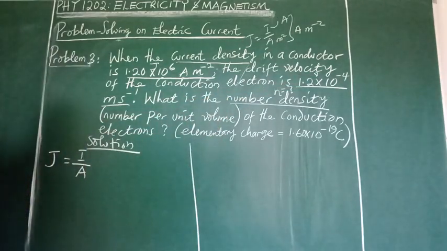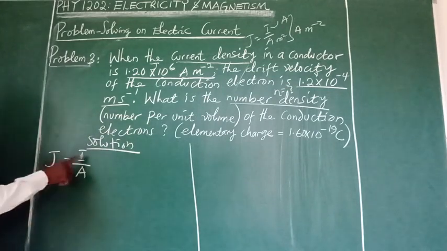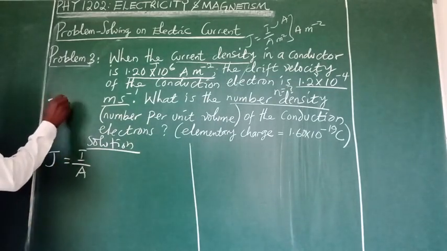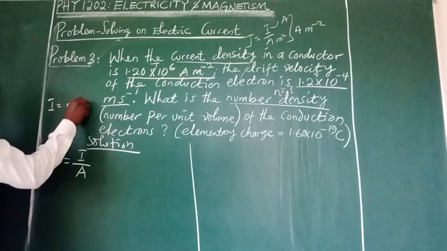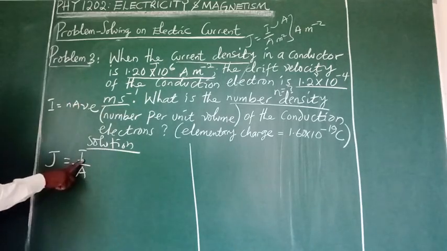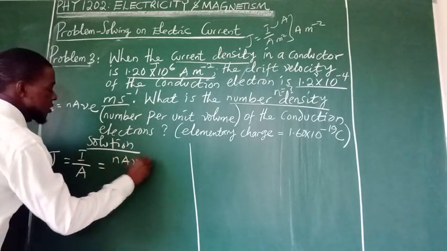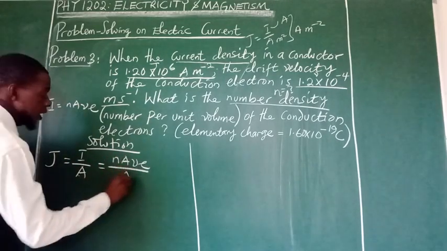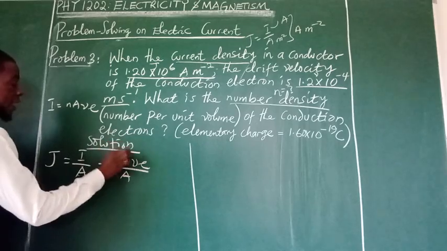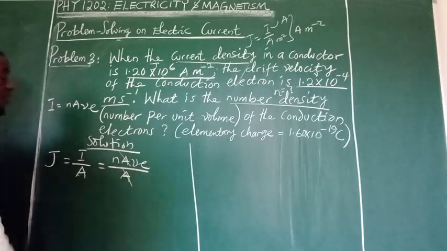So we bring in the other formula by recalling that I is nAve. Instead of I here, we can put nAve and then divide by A, so that the cross-sectional area cancels.